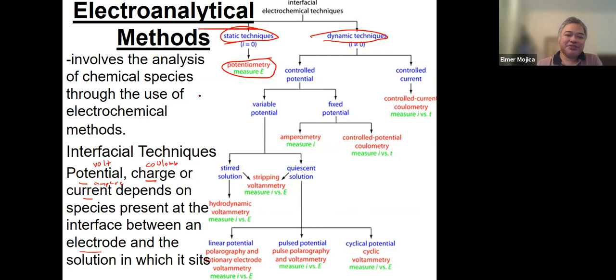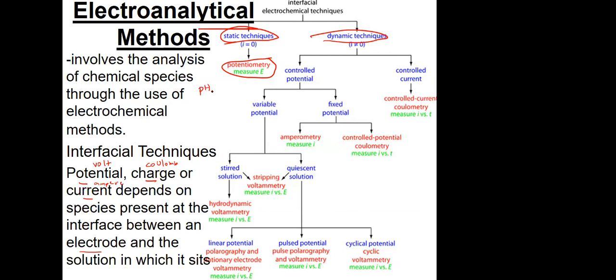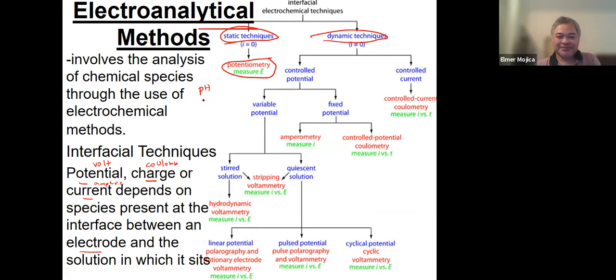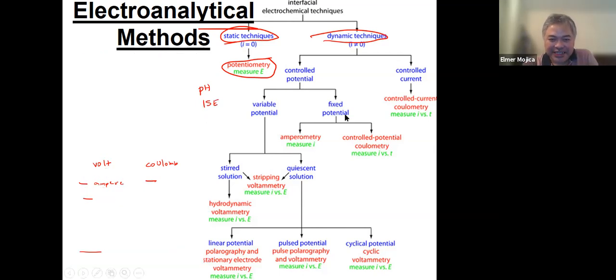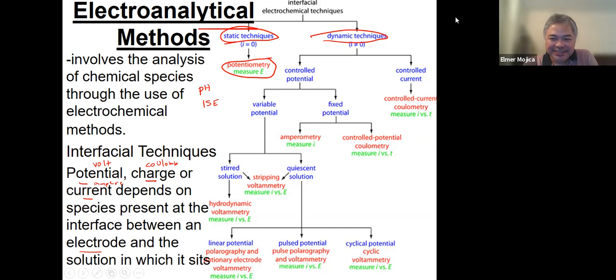That's where you measure pH, sir. The pH, or what else? I'm not sure if you're familiar with this term: ISE. Are you familiar with ISE? ISE stands for ion selective electrode, and that's the experiment that we do in this part.